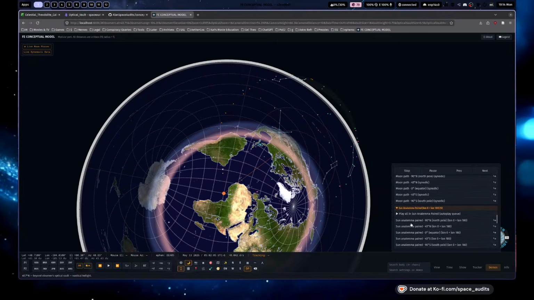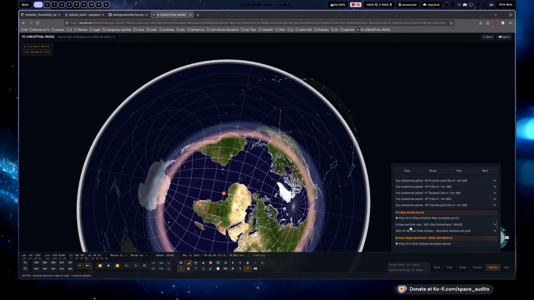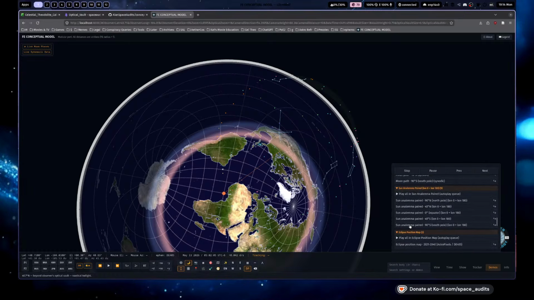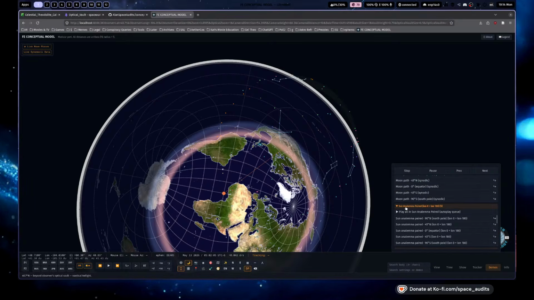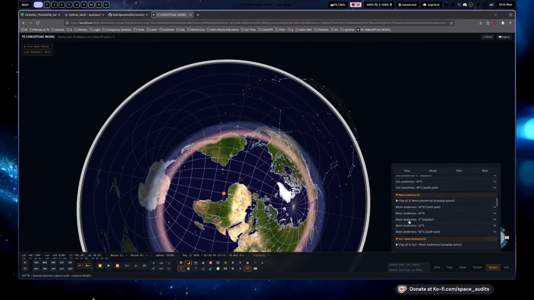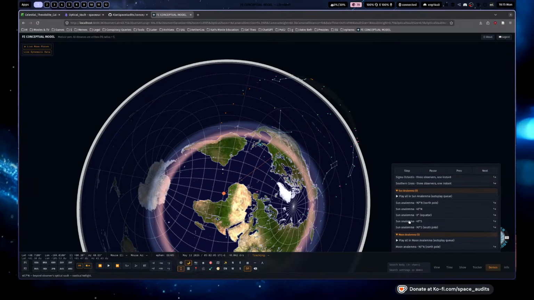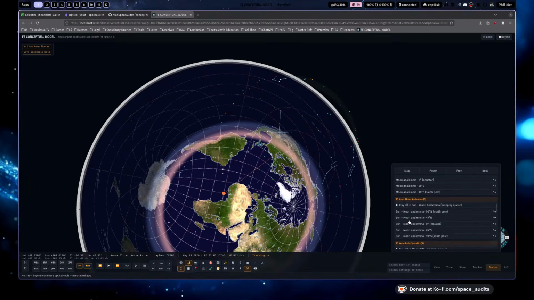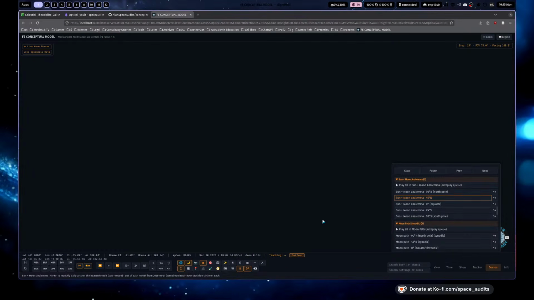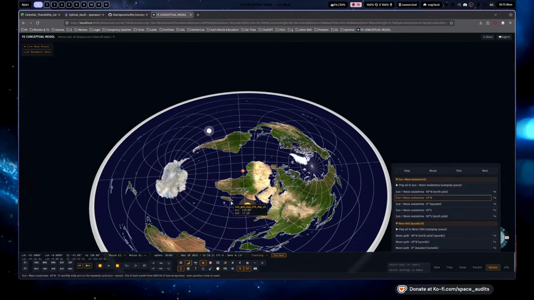Was the one I was thinking of the sun and moon analemma versus the sun and moon 24-hour? The moon and sun 24s are separate, they're their own things, right? Yeah, they're their own. Sun and moon analemma, that might have been it, instead of the sun and moon both 24-hour at the same time. But there is 24-hour moon and 24-hour sun.